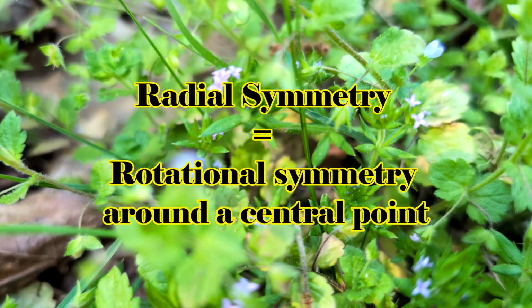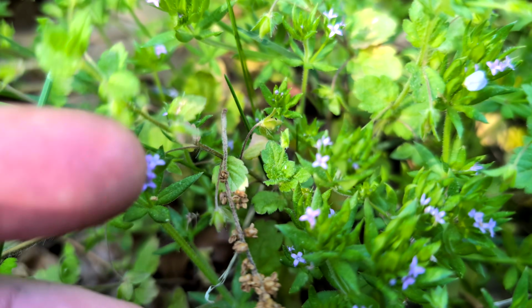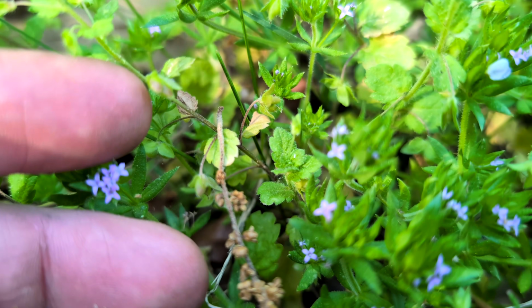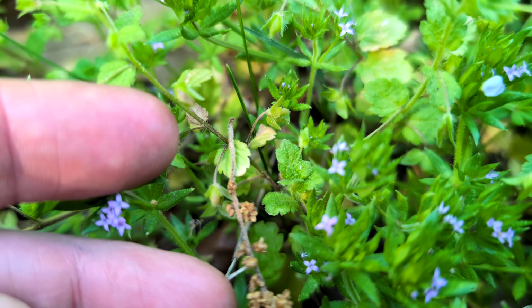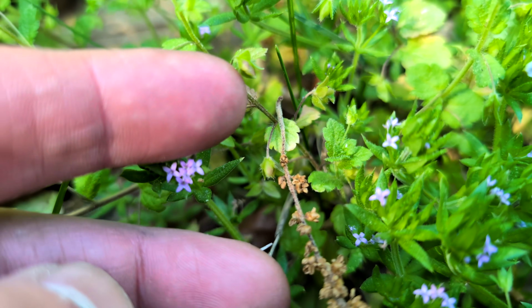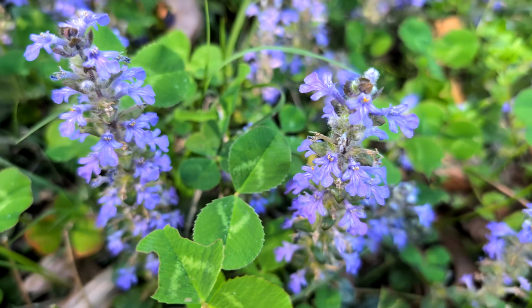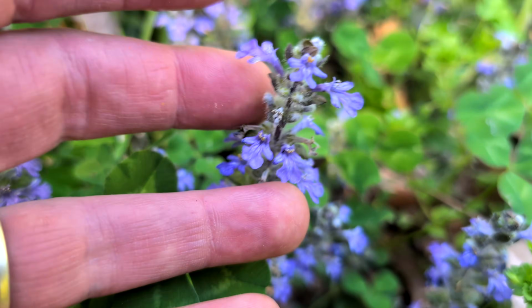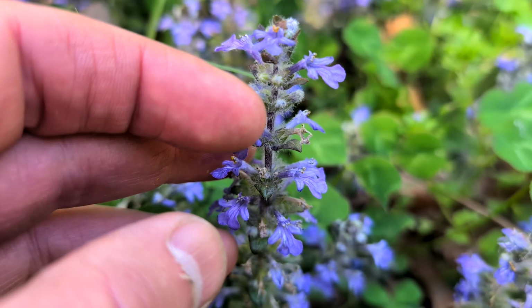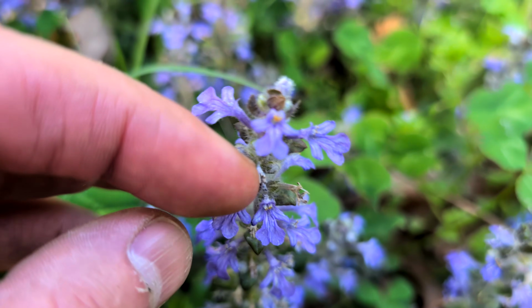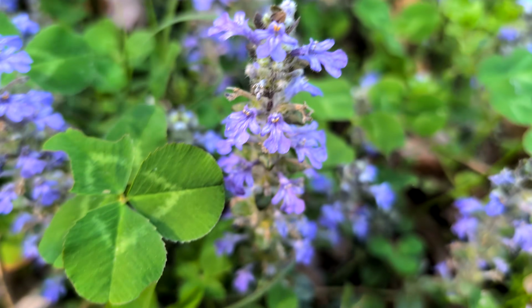Some of these little Rubiaceae coffee family flowers here have 4 petals and are sort of radially symmetric. But this bugleweed has a line of symmetry going up and down in the middle.